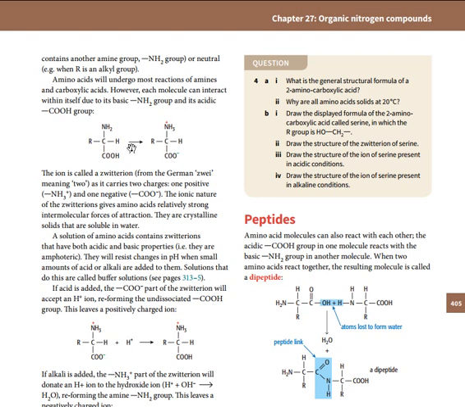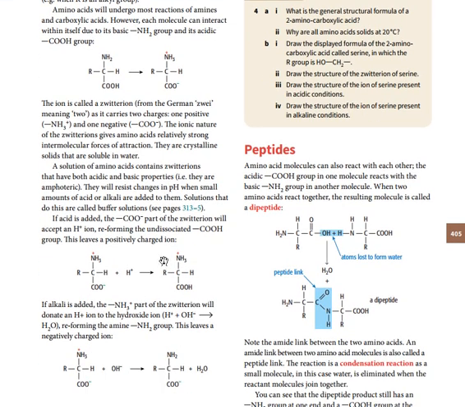So this is not going to conduct current. It's not going to move when current is placed in solution. But when you place hydrogen ion in solution, it is going to exist much more as a positive ion because of the NH3+. Since it exists much more as a positive ion, it's going to move toward the cathode.